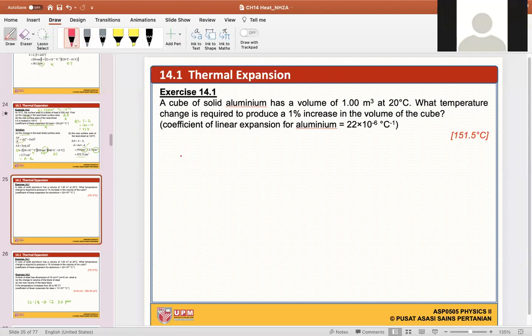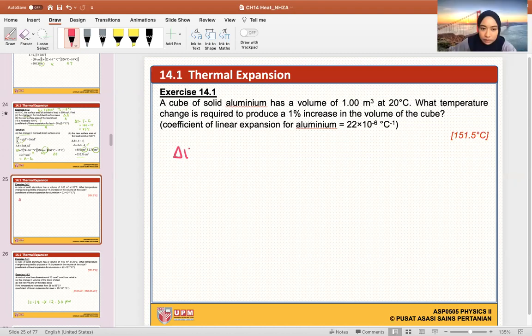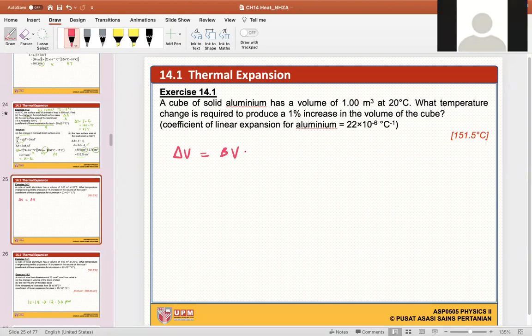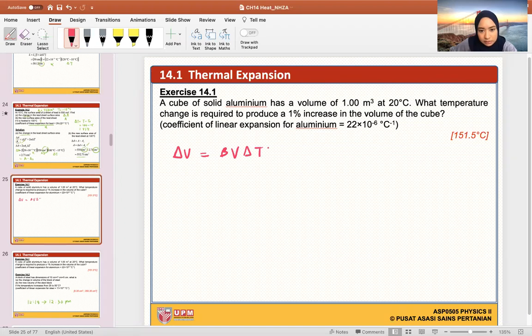Saya guna formula nak kira increase in volume, delta V equals to beta V delta T. Next step, beta V tu jadi 3 alpha.